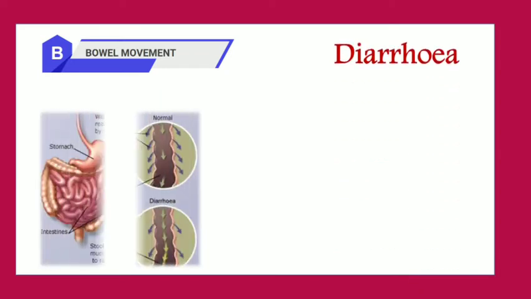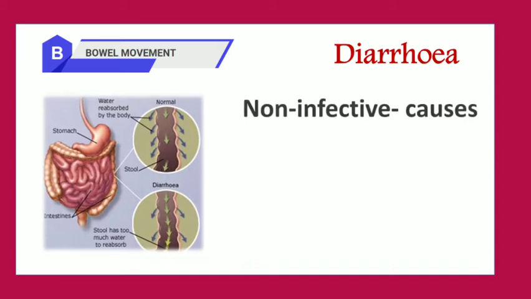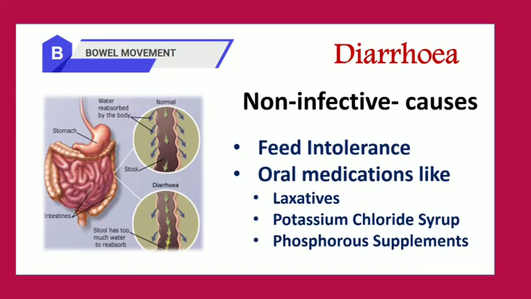In diarrhea, we have to look whether the patient is infective or non-infective. But most commonly, most of the patients are non-infective in etiology. The non-infective causes include feed intolerance, oral medication like laxatives, potassium chloride syrup and phosphorus supplements, whereas infective causes include Clostridium difficile or antibiotic associated diarrhea.